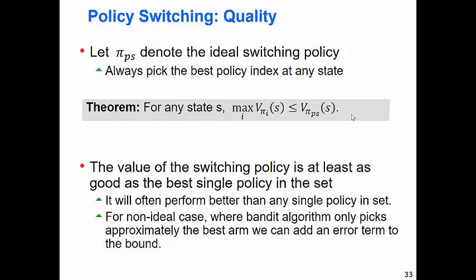This theorem assumes perfect evaluation, so it assumes infinite trials, you could say, infinite simulations. And if the ability to pick the max policy is approximate, like you pick something that's within epsilon of the max, then you're going to have to add a certain epsilon term here. So it will be an approximate guarantee at that point.